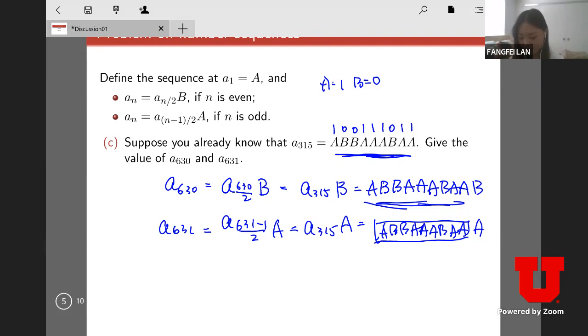Someone is asking a question in the chat: for the pre-lecture quiz, what concepts should we go over? They're basically the same things as this, and then you have 2 tries. A lot of them are finding closed form solutions, very similar to these problems, and then you just need to fill in the boxes on Canvas.